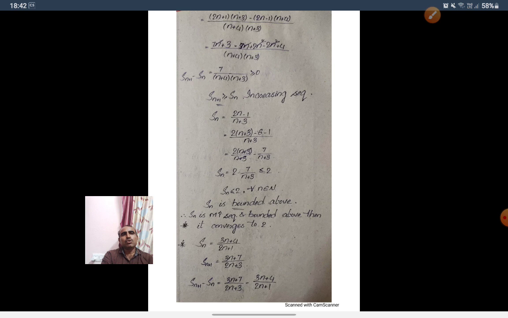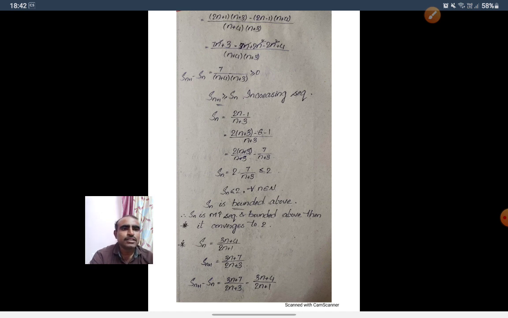We get 2 minus 7 by n plus 3. So 2 minus 7 by n plus 3 is always less than 2 for all n. So Sn is less than or equal to 2 for all n belonging to the natural numbers. Therefore, 2 is an upper bound. So Sn is bounded above. Therefore, Sn is increasing and bounded above, so it converges to 2.